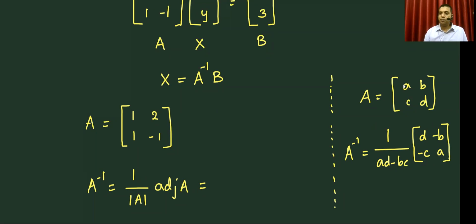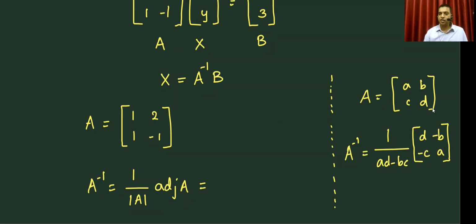So the main principal diagonal elements interchange among themselves, and the other diagonal elements are replaced by their negatives. This is only for a 2 by 2 matrix. And ad minus bc is the determinant.